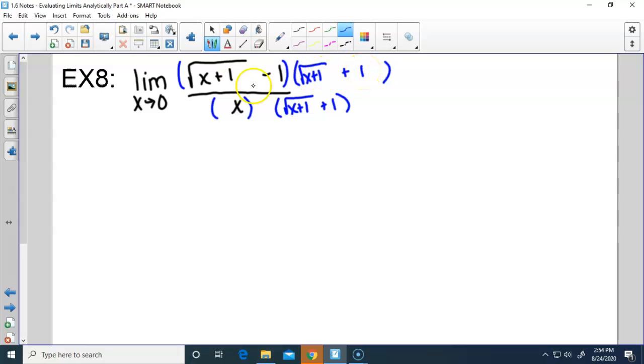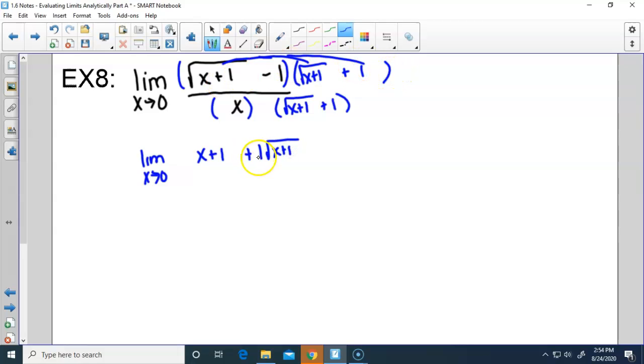So whenever I do this, I'm going to have the limit as x approaches 0 of, if I distribute, the square root of x plus 1 times the square root of x plus 1, which is x plus 1. Then I will multiply here, and I'll get plus 1 times the square root of x plus 1. I realize that 1's not necessary.